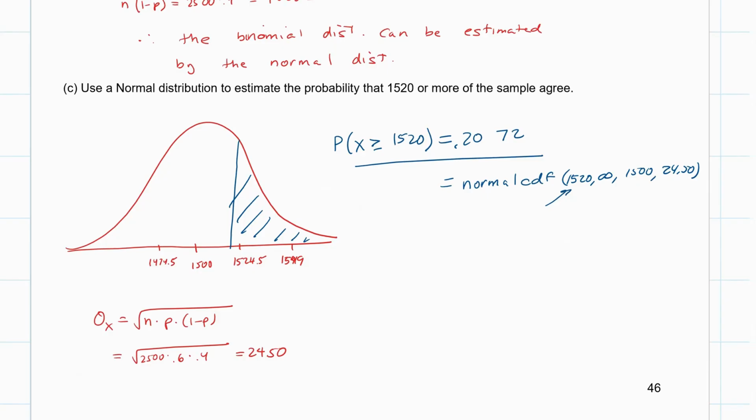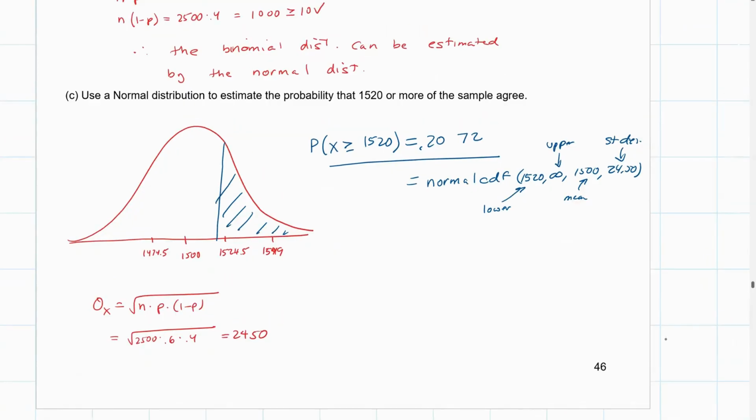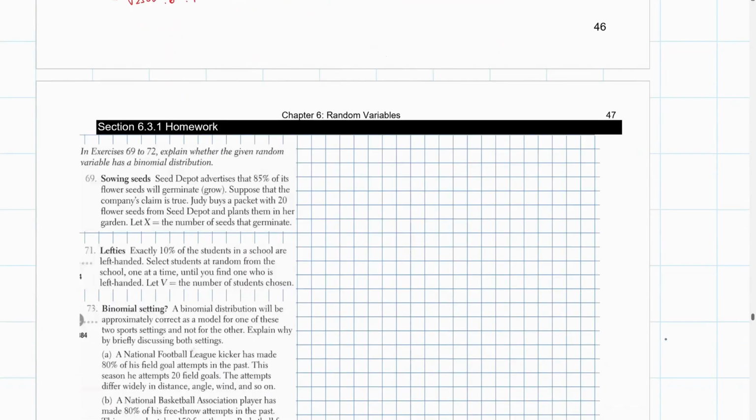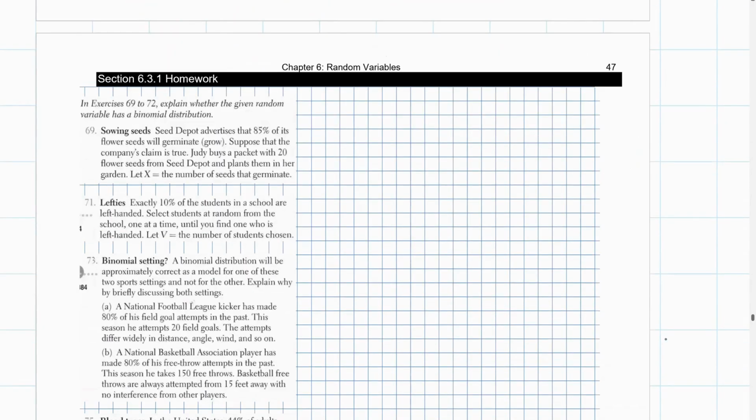And then we remark, this is my lower, this is my upper, this is my mean, and this is my standard deviation. There we go. All right, you did an estimate using the normal distribution. And that is the end of the 631 lecture.